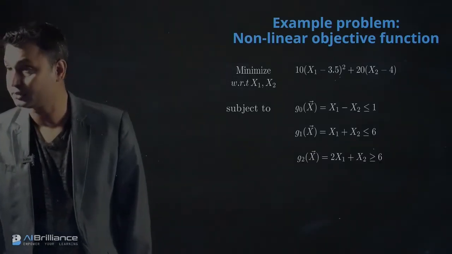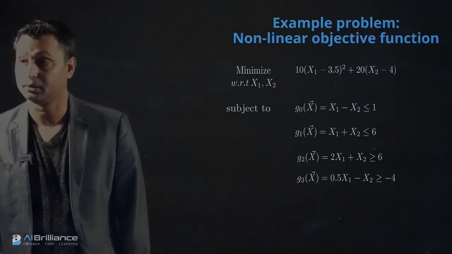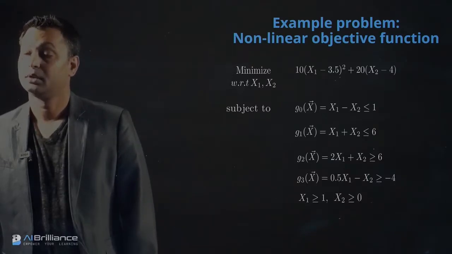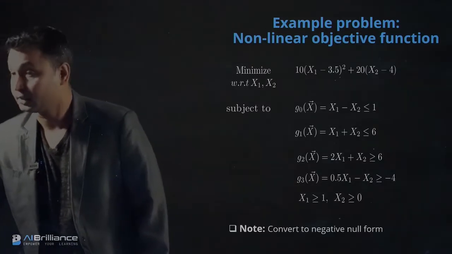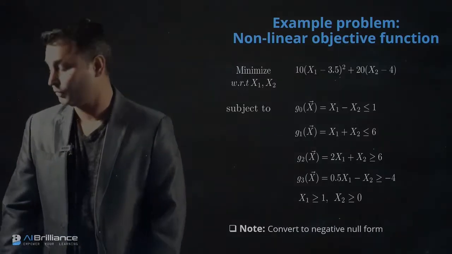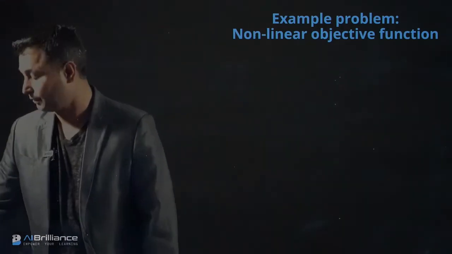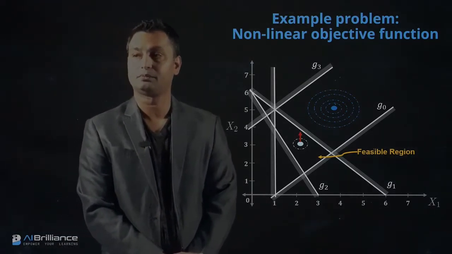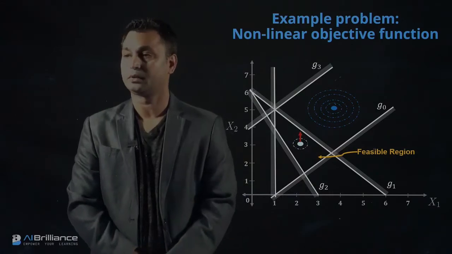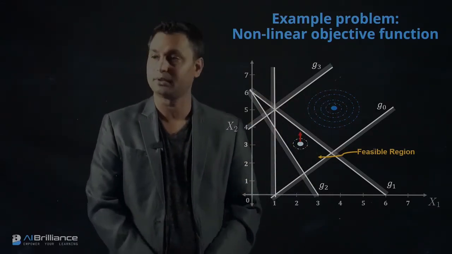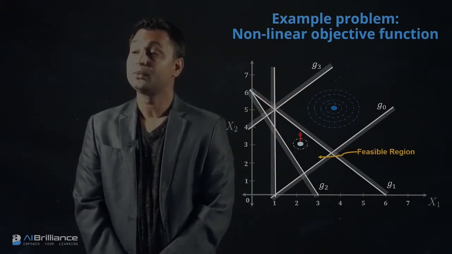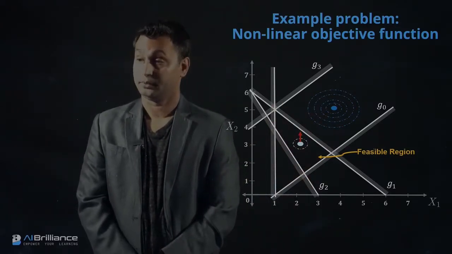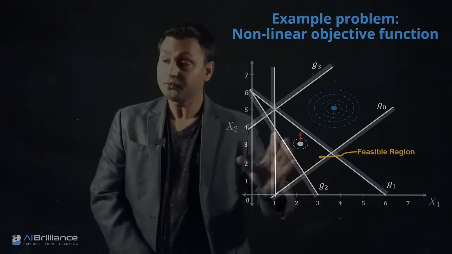Okay, so here are the constraints, and we probably want to convert them into negative null form. If you plot them, this is how the plot is going to look. We have the different constraints plotted, and one thing we can do is see what the feasible region is.